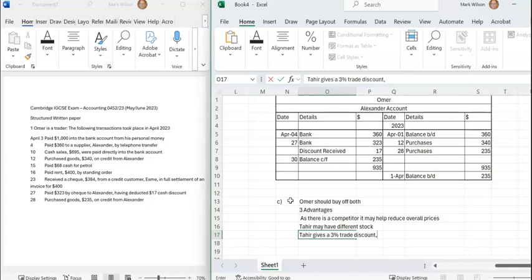And that's relatively guaranteed, whereas we are not told if Alexander may not be guaranteed.